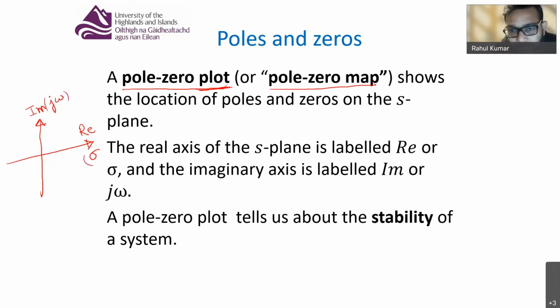Okay, just that is the only difference. We call the x-axis the real axis and the y-axis the imaginary axis.